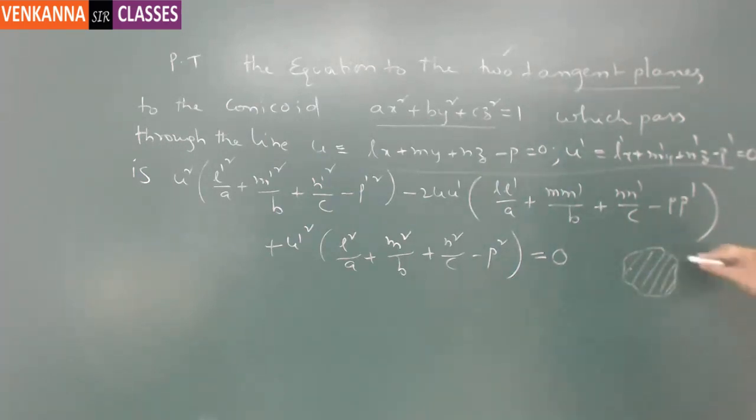If you have a small visualization, let us say this is our conicoid. For this conicoid, we are calculating a tangent plane which contains a line on it. This is the visualization. So on seeing this, what is the formula we have to use to calculate the plane equation here?